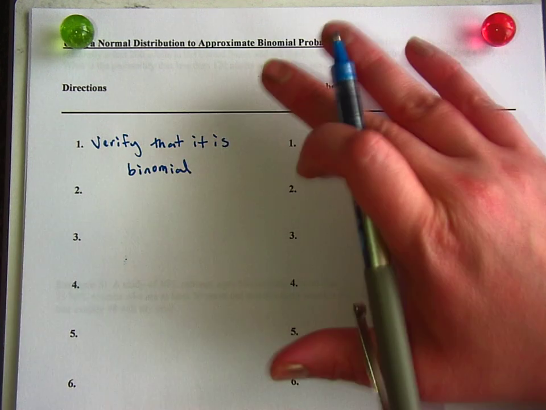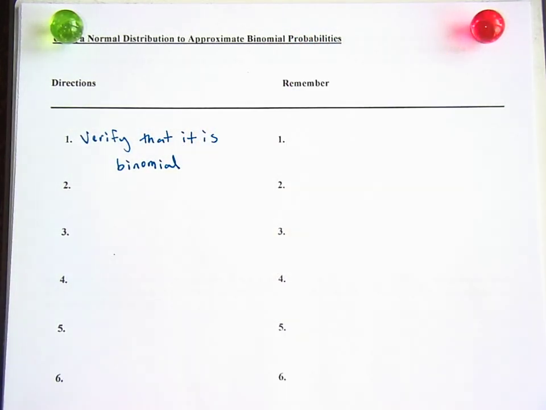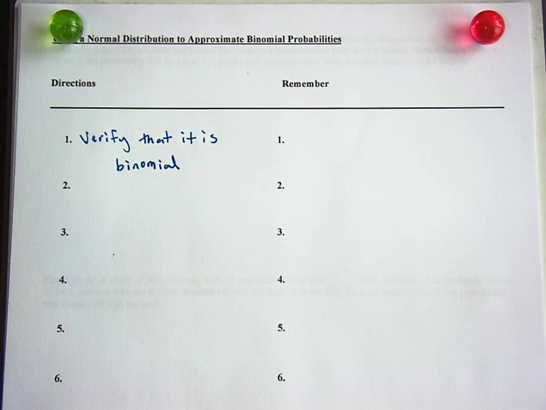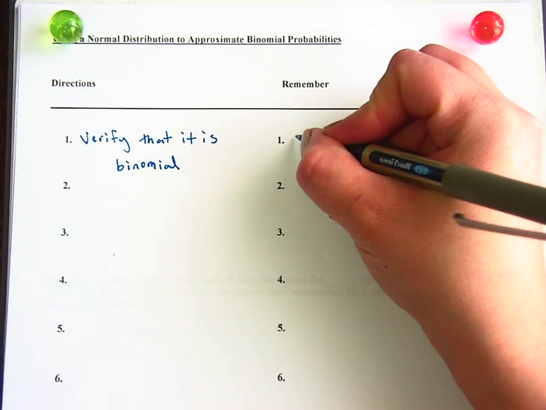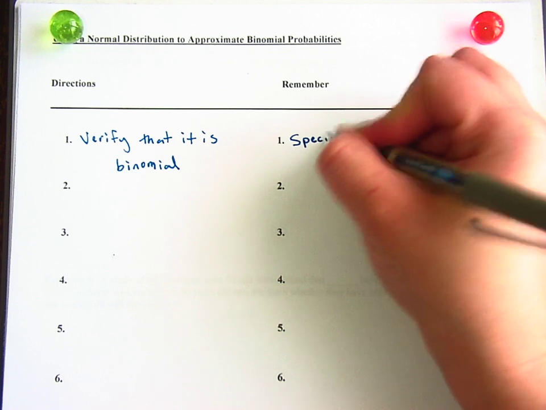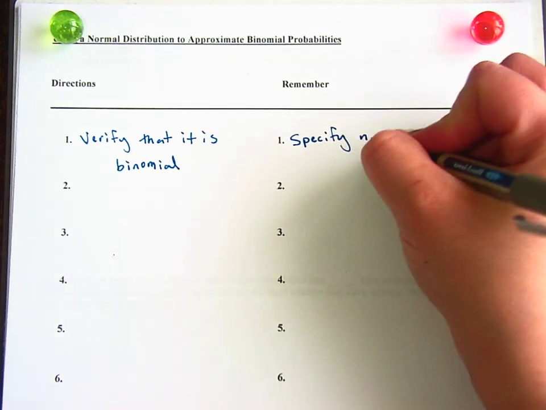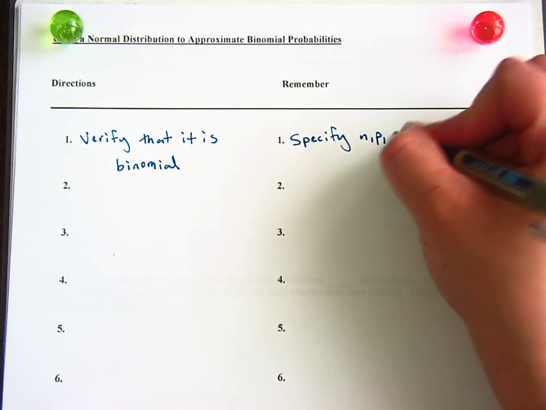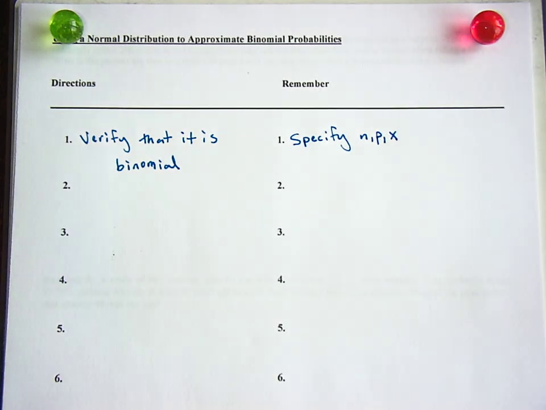And once it gets over like 100 formulas, the calculator can't handle that much math anymore. All right, so things to remember is to specify n, p, and x. And q, but q kind of goes with p.